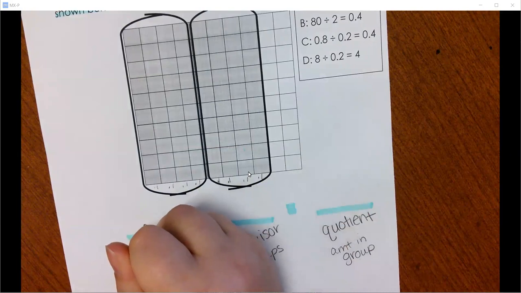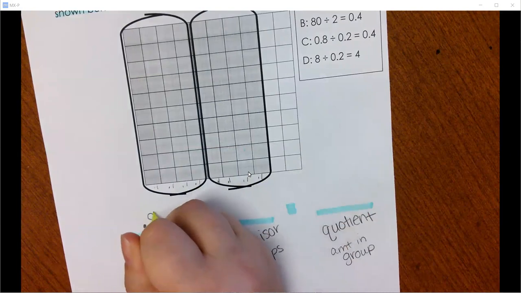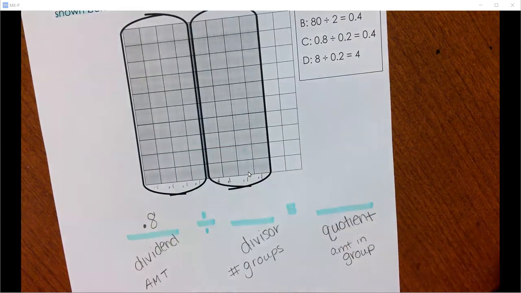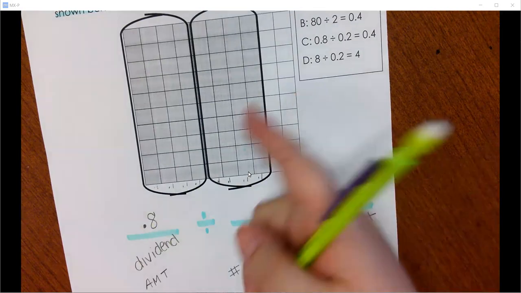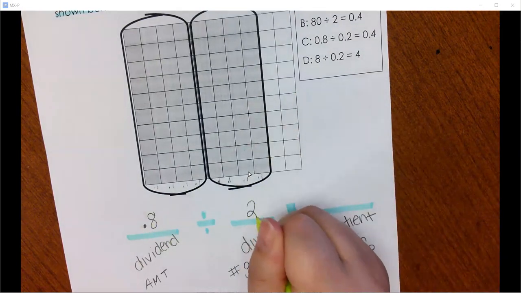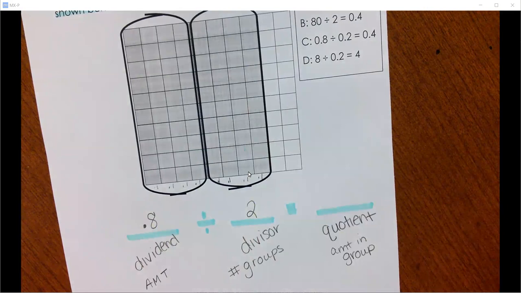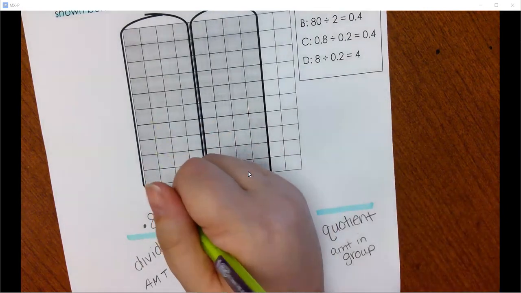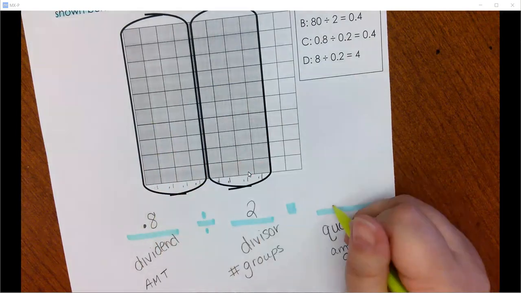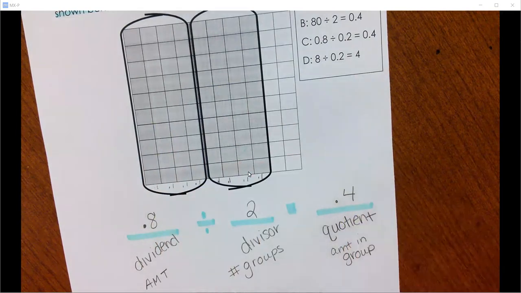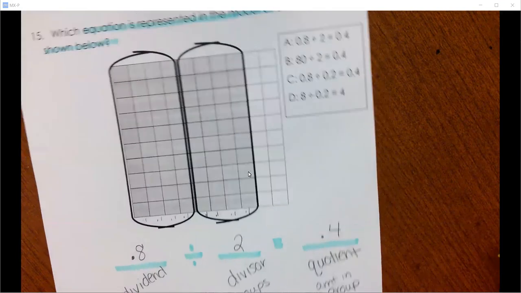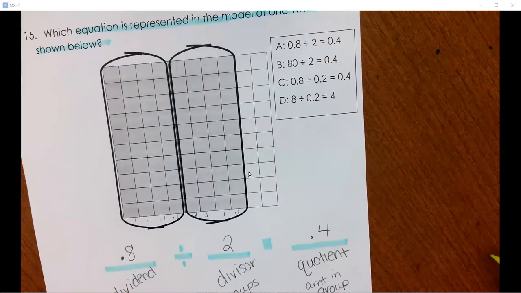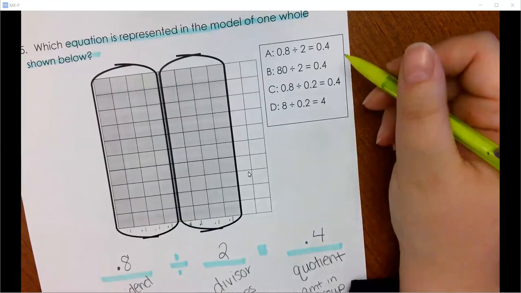So I have 8 tenths. And the number of groups, I see that it's grouped into 2 groups. And the amount in each group is 1, 2, 3, 4 tenths. So I look at my answer choices. I'm looking for 8 tenths divided by 2 equals 4 tenths.